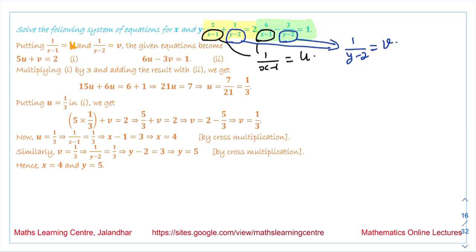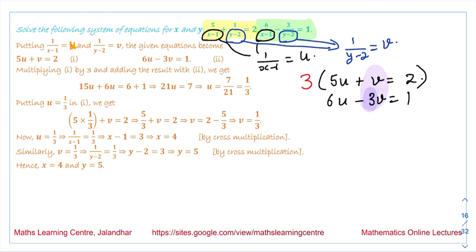So our equations become 5u plus v is equal to 2, and 6u minus 3v is equal to 1. We are looking at these two terms, it is 3 over here.